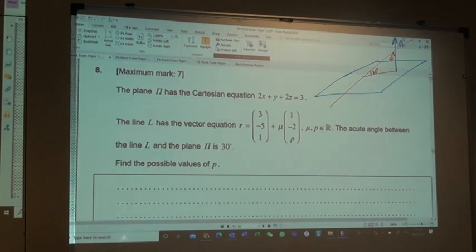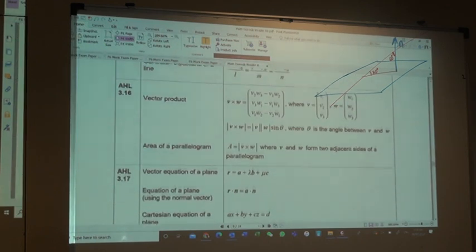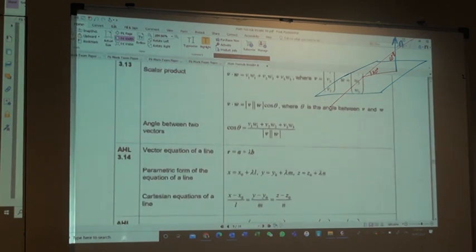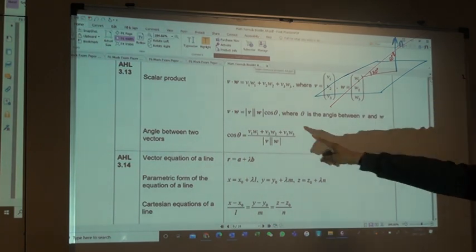You have already done angle between two vectors. If you don't remember, go to your formula booklet. No need to memorize. Angle between two vectors.